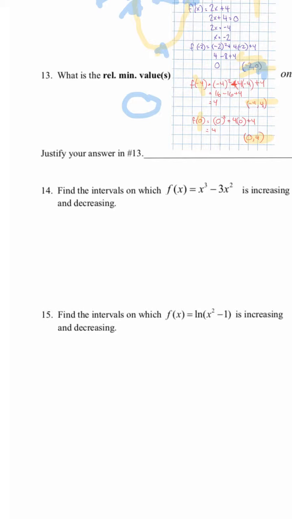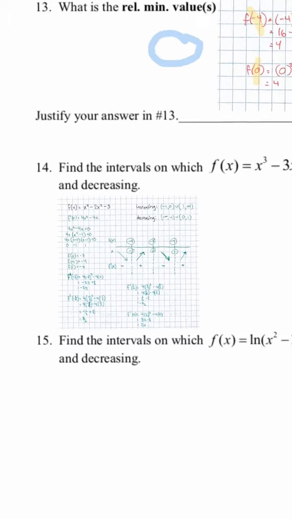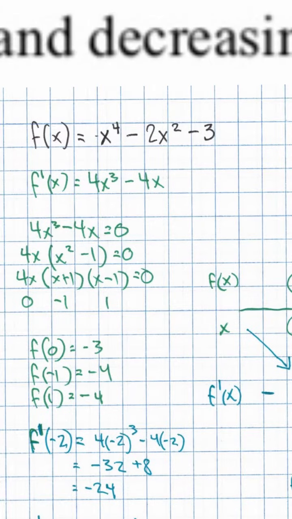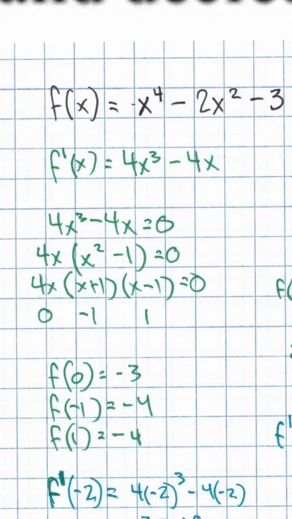So 14 being a polynomial function, I chose a polynomial function for my example. The first thing I did was take the first derivative of the polynomial. Then I set it equal to 0, I solved, and I got 3 places where the derivative is equal to 0. So these are most likely relative maximums or minimums.